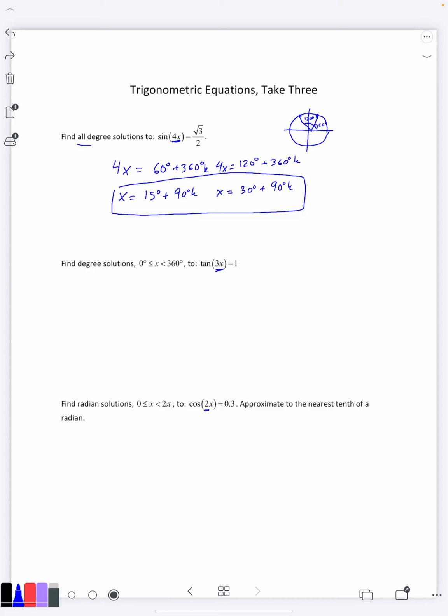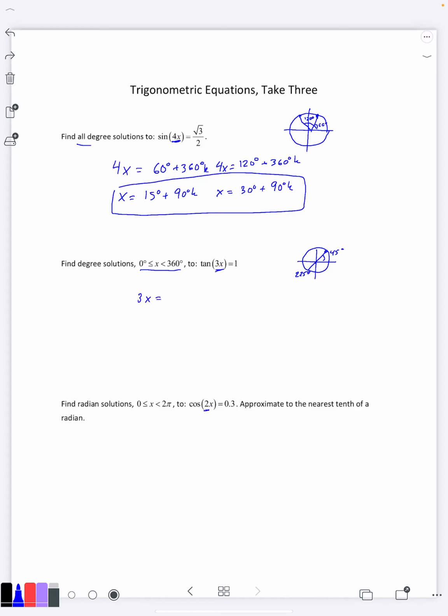Next up, we're going to solve degree solutions to tangent 3x equals 1, but this time we want 0 to 360. We know tangent is 1 at either 45 degrees or 225 degrees.